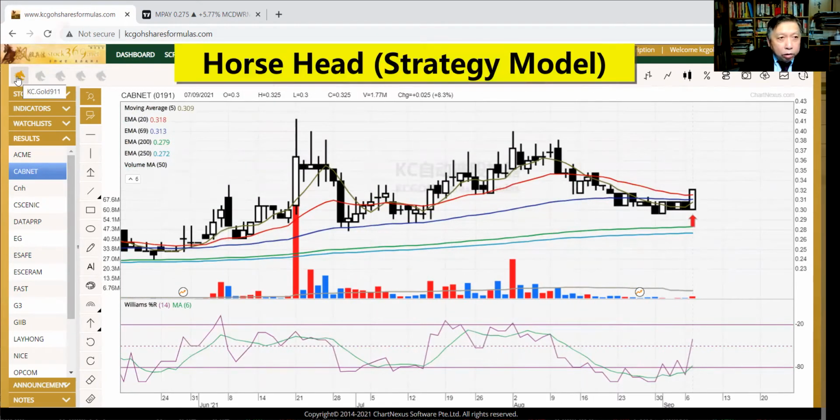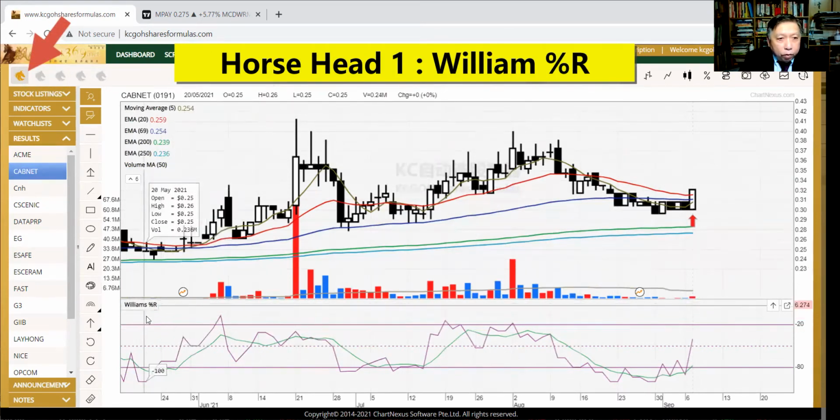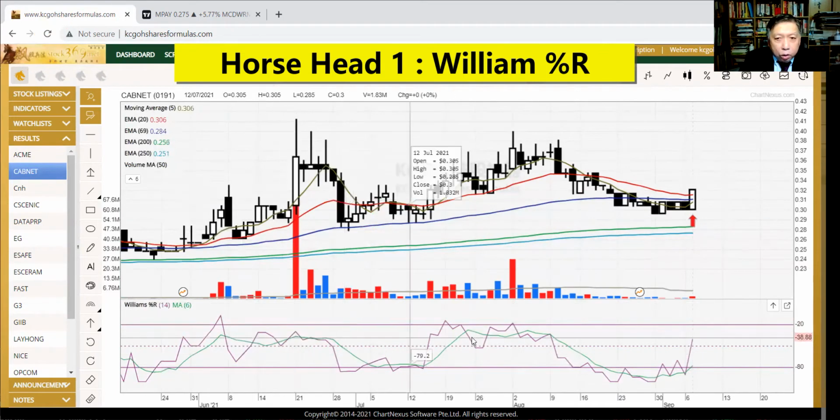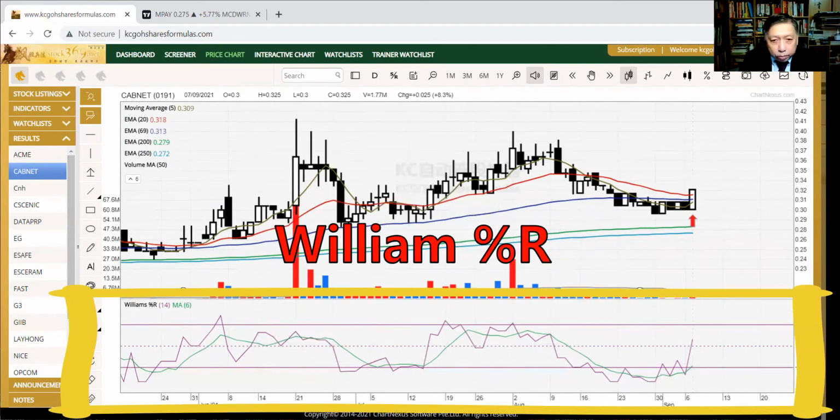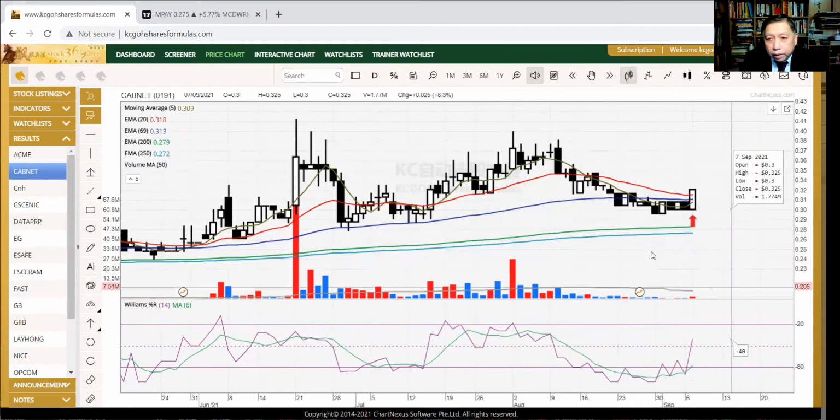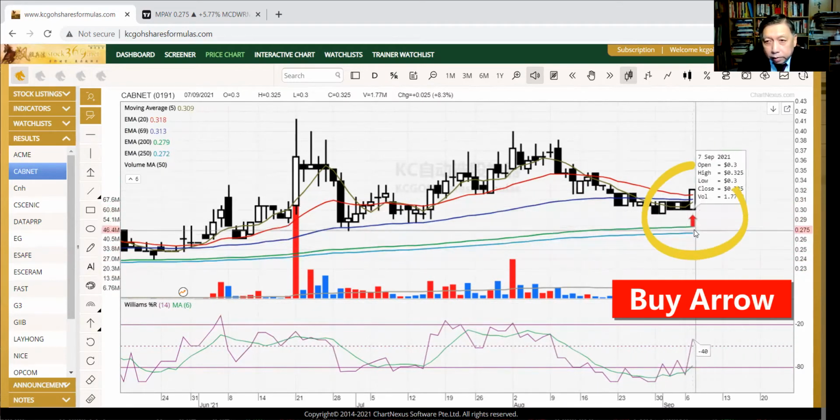This is the horse head number 1, which is the format for Williams Percentage R. The Williams Percentage R indicator will appear at the bottom, and this is the setup. Look at this stock. There's a buy arrow here.